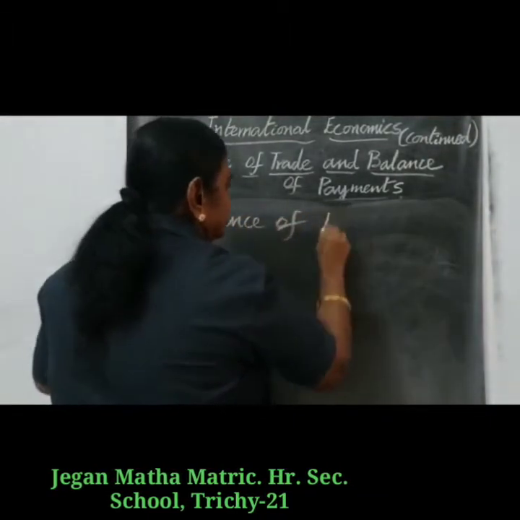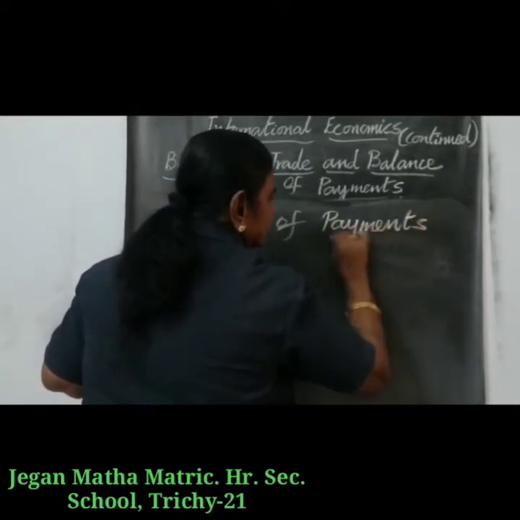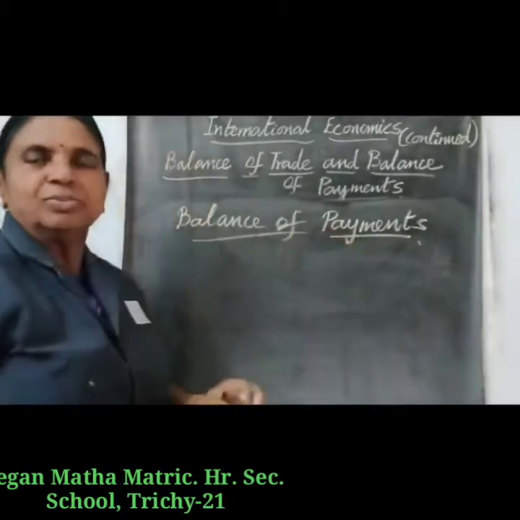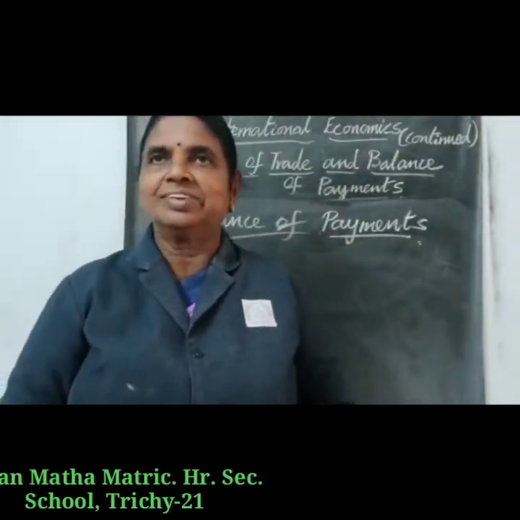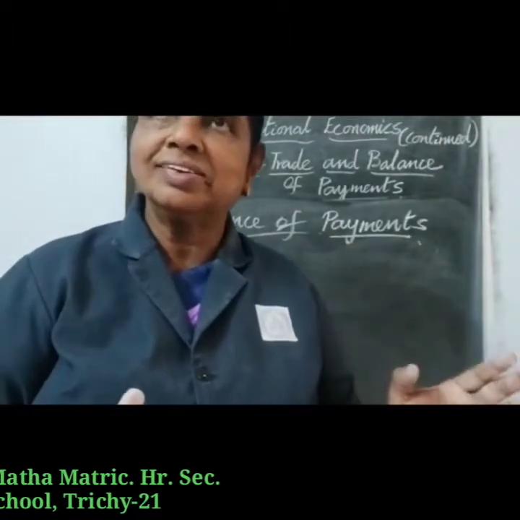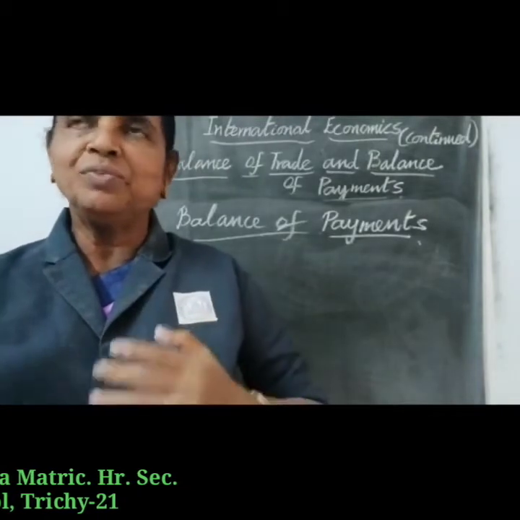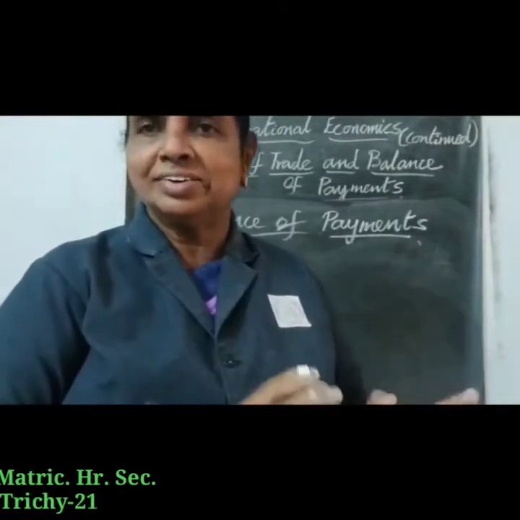Automatically, since it is payments, there will be receipts, and so credit and debit transactions. There are two types of transactions that take place: credit transaction and debit transaction. Payment received from a foreign country is a credit transaction.